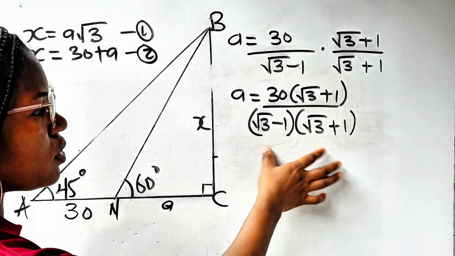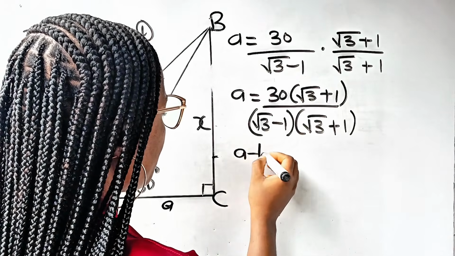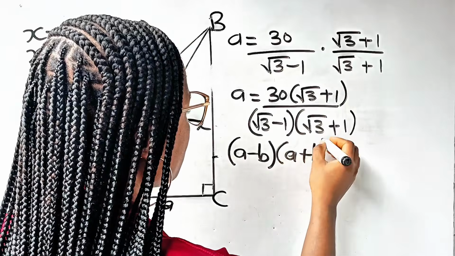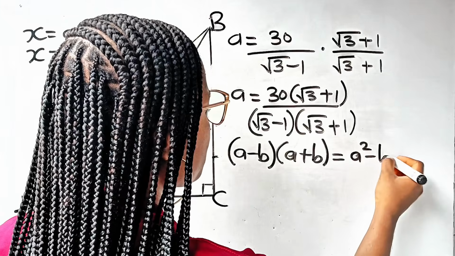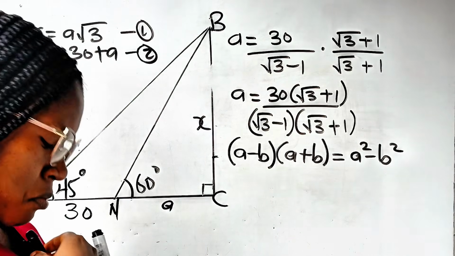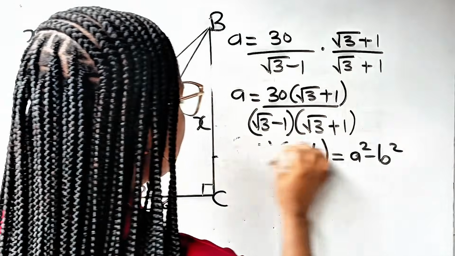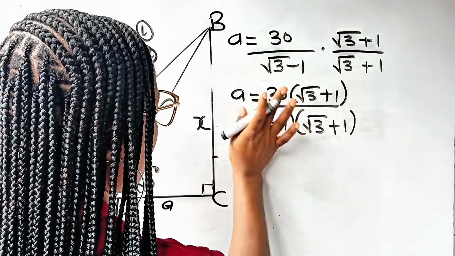If you look at the denominator, it is in this form: A minus B multiplied by A plus B, which is the same thing as A squared minus B squared. Difference of two squares.